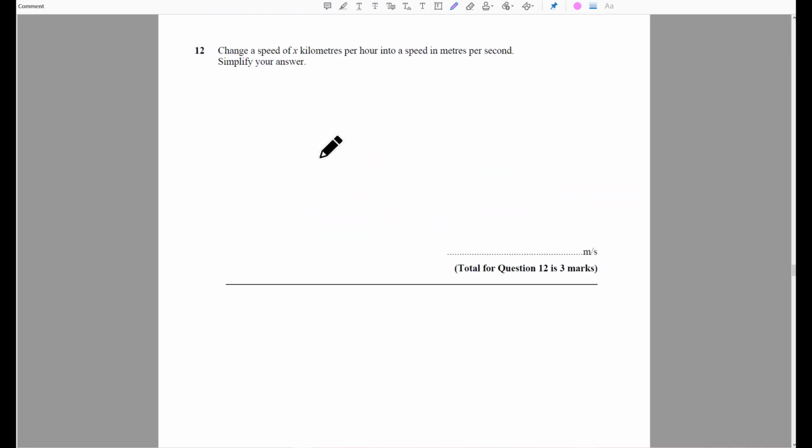What's question 12? Change the speed of x kilometers per hour into speed in meters per second. Okay, so we've got x is in kilometers per hour. So per hour means per hour like this. I want it in meters per second.